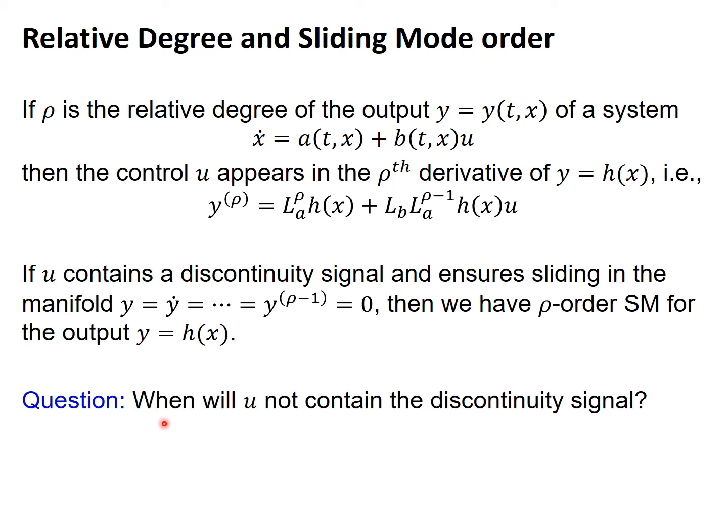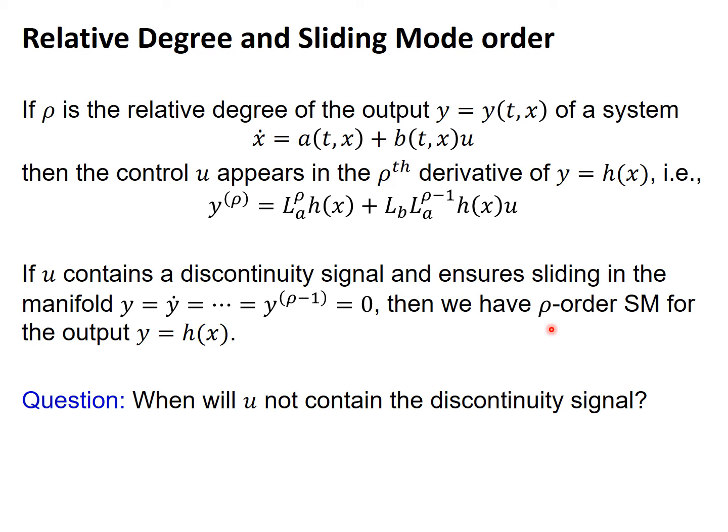So the question is still the same: when will the control u not contain the discontinuity signal? This we already know. In the first order sliding mode, our relative degree is 1, because u appears in S dot, and the sliding mode order is also 1 because u contains the discontinuity.